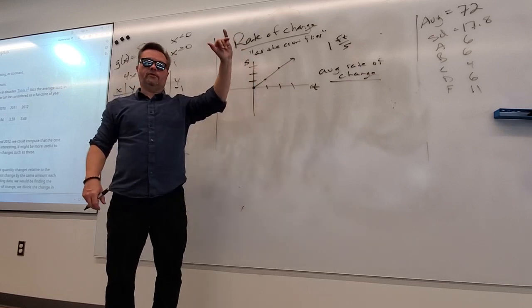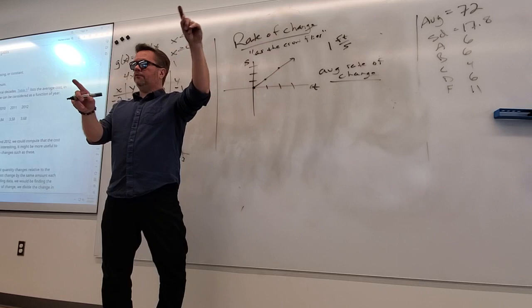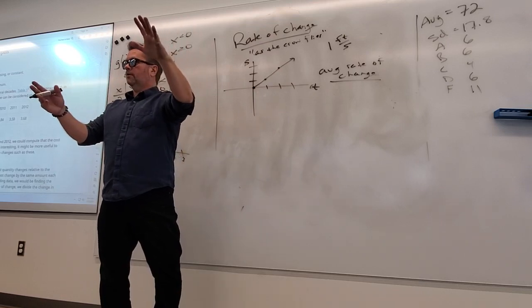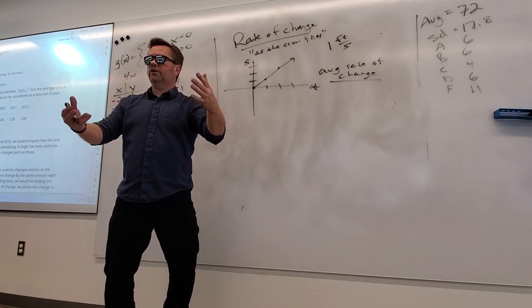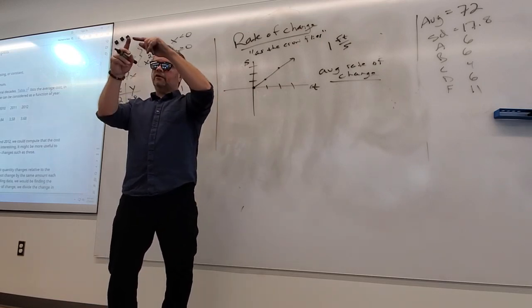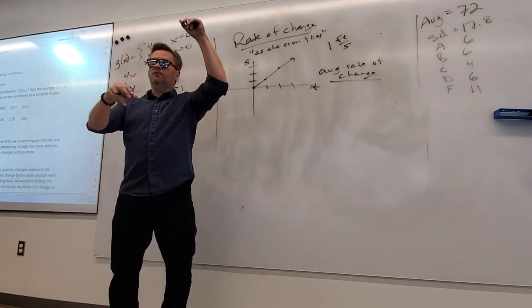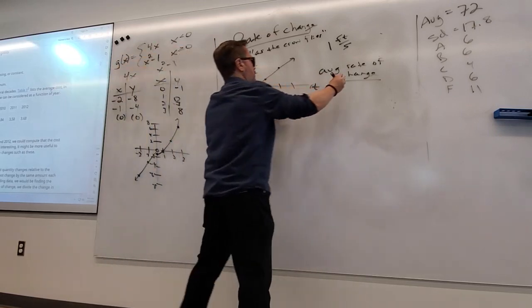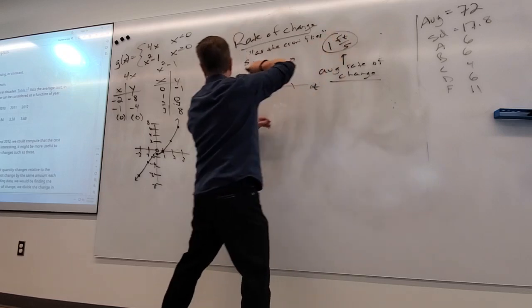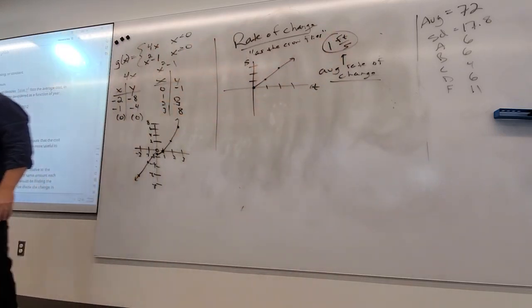So it's sort of related to slope. If it's a straight line, it really is just the slope. When we say slope, we're really saying the average rate of change. How quickly is the function changing over time? When it's a straight line, easy. So this would be 1 foot per second. So what if it's not a straight line?